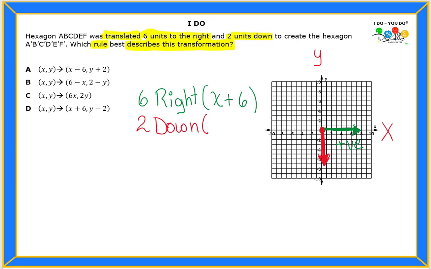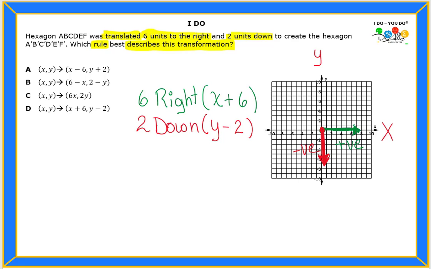If you go down, you will be walking on the y-axis. Your y value is the one that will be affected with the 2 down. Okay, but if you go down, that's actually negative, right? So if it's negative, then that means that it's going to be y minus 2.